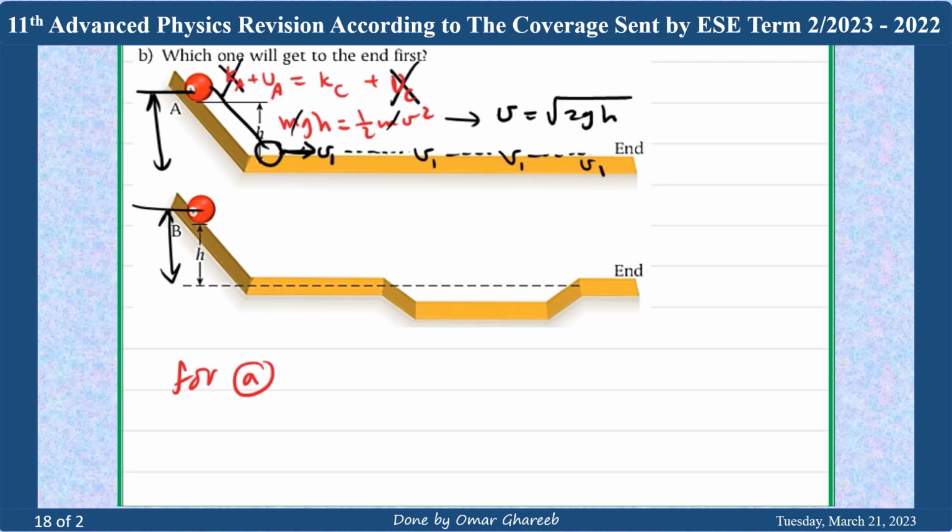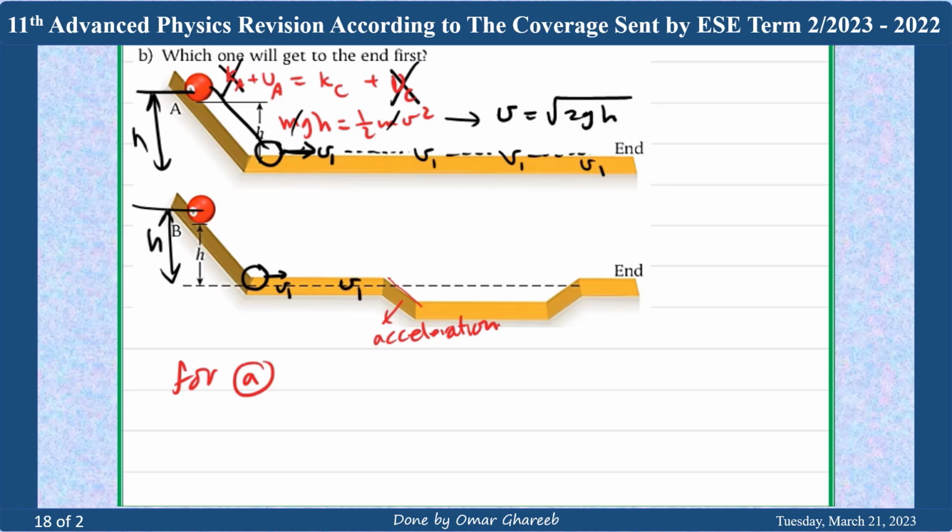But the situation is different for track B. Yes, it is the same height, so it will reach the bottom with the same velocity, V1. Now at this portion, we have acceleration because the ball will go down more.